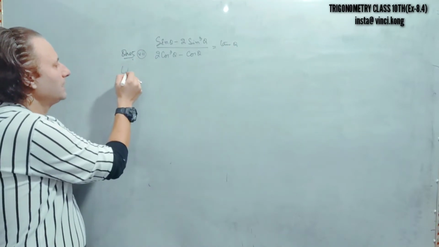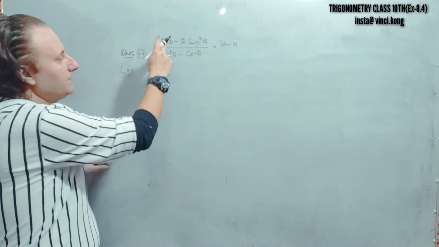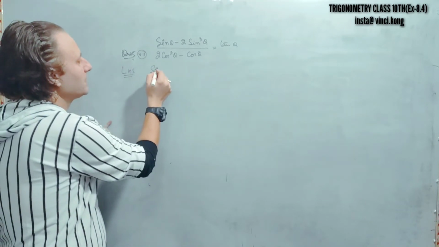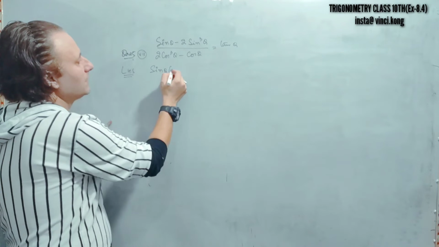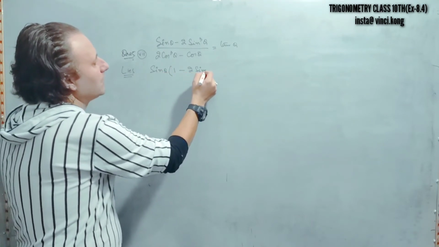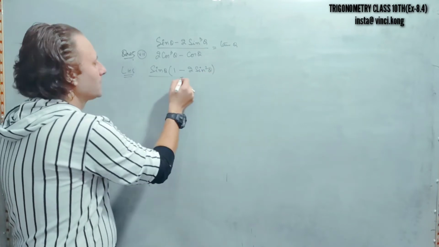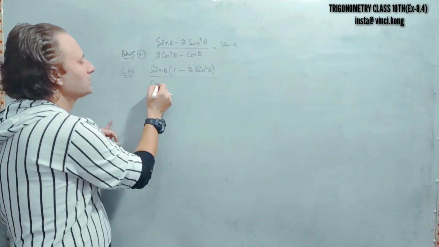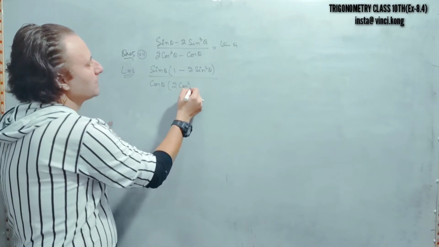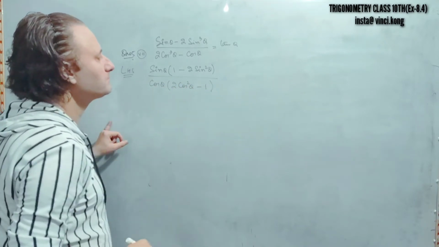Okay, again LHS. If I see here, I can take sine theta common. So let's take sine theta. Inside, what do I have? I have 1 minus twice sine square theta. Here I can take cos theta common. We have twice cos square theta minus 1.